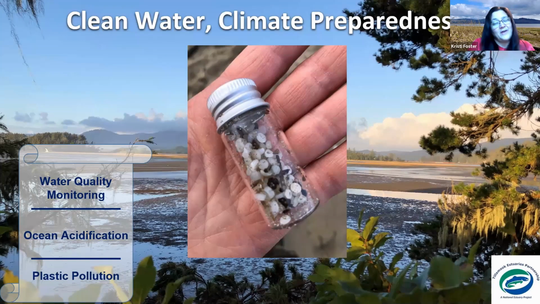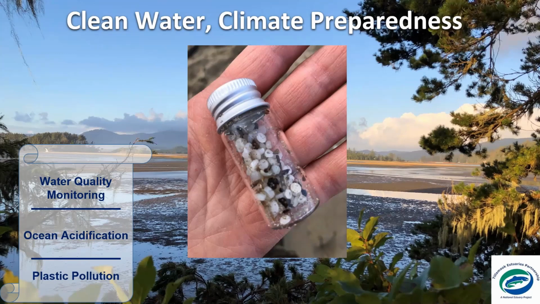It only takes about 5 minutes. We do this once a month, but we can do as many locations as we'd like. If we find any nurdles, then there is a national database that we enter that data into. This is something that our other national estuary programs are working on, and we're trying to just see what the conditions are throughout the country.